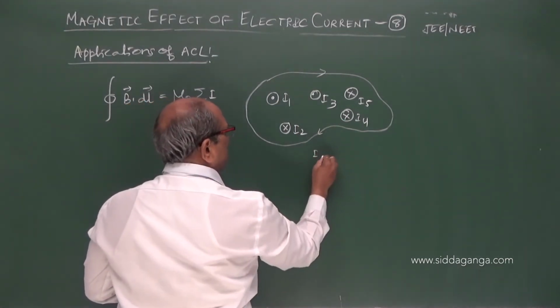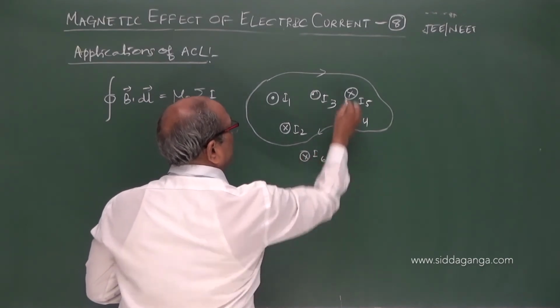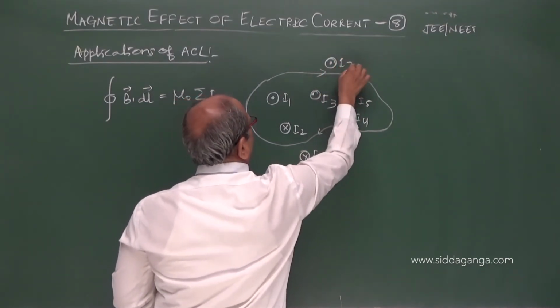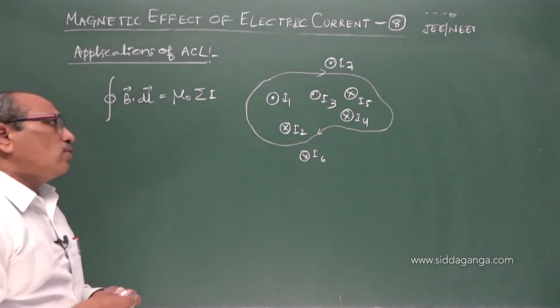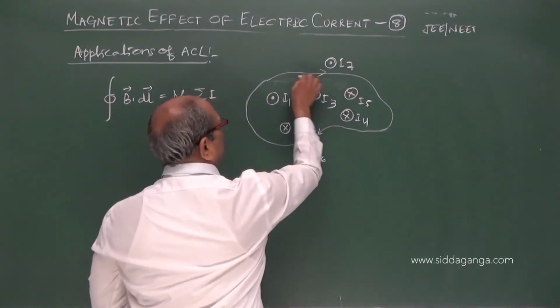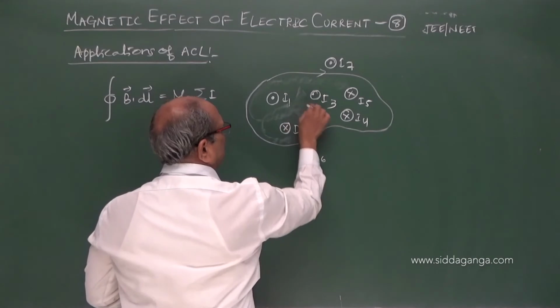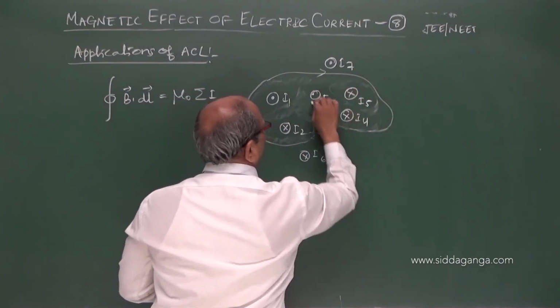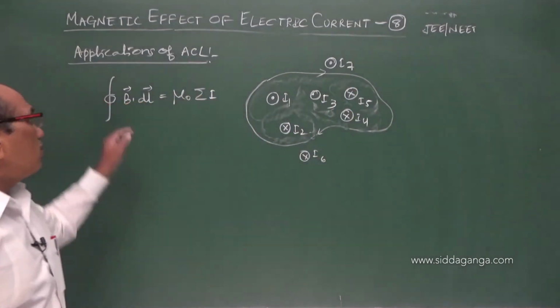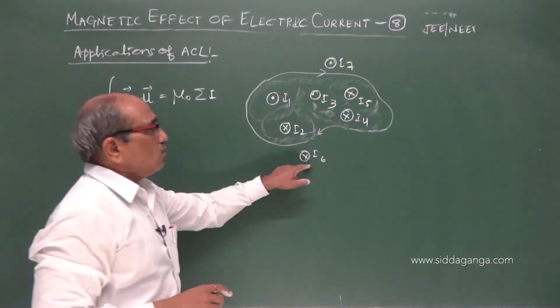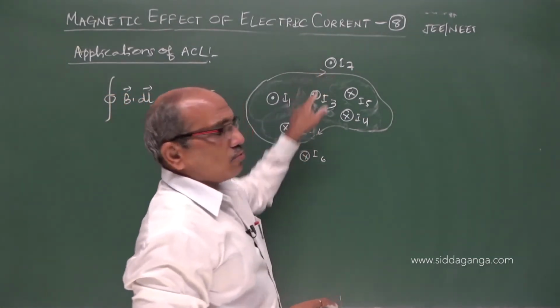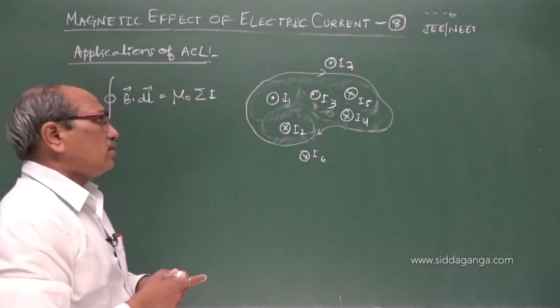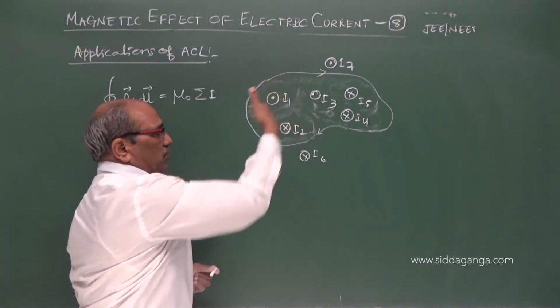There may also be currents I6 and I7 outside. I already told you that only the current enclosed by the closed path gives the magnetic field. It does not account for the magnetic field produced by the outside wires.